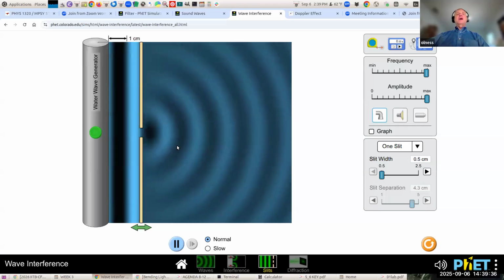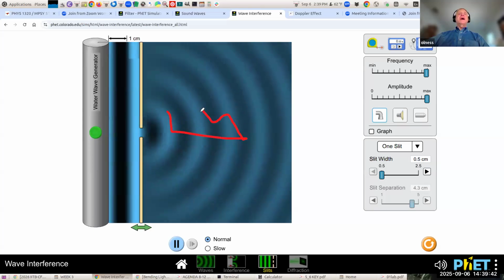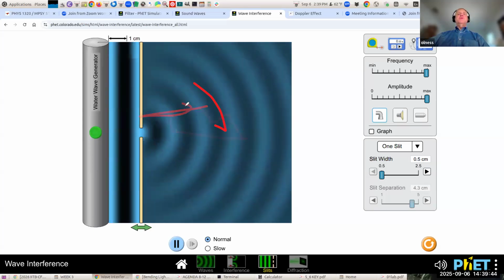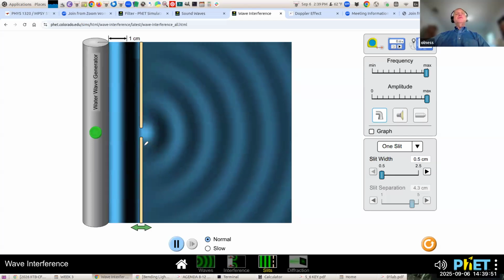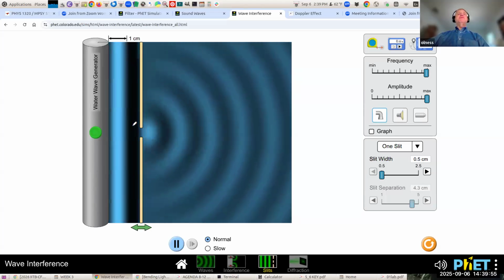And the diffraction phenomenon, again, depends on the relationship between two lengths. You have the wavelength of the sound, which is the distance between these here, and you have the size of the aperture. For example, let's pretend I have sunlight coming through a window.